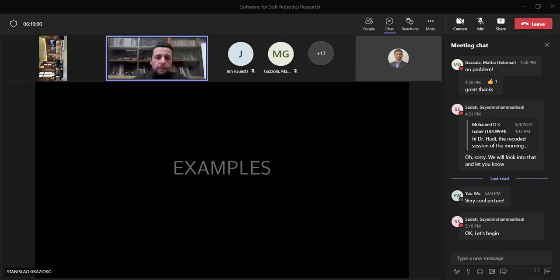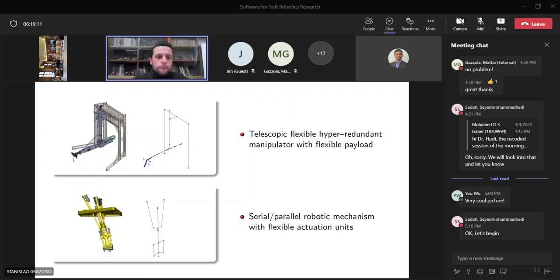Here are some examples that we have done, mostly based just on simulations. On the upper part of the slide, this is the TARM, which is a highly redundant flexible manipulator available at RACE UKAEA, and it's a standard manipulator which is used for remote manipulation within nuclear fusion reactors for assembly procedures.